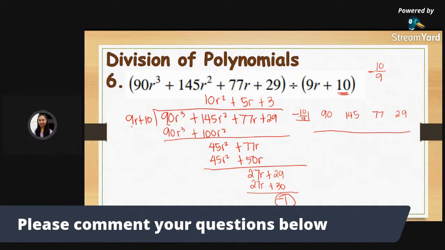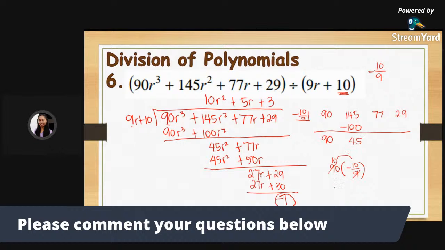Okay? So first thing is bring down your 90. 90 multiplied by negative 10 over 9. So you can cancel your 9, and this will become 10. 10 times negative 10, the answer is negative 100. If you add them, we get 45.